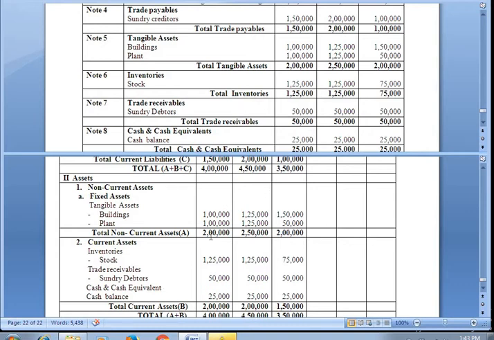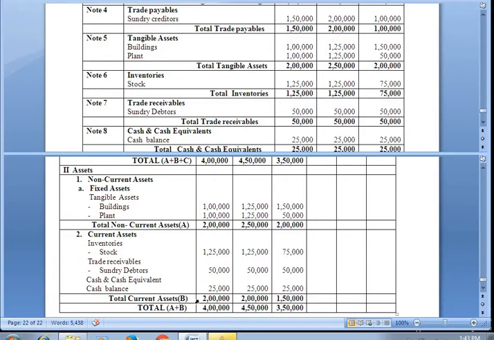The total of current assets is 2 lakh for the year 2017, 2 lakh for the year 2018, and 1,50,000 for the year 2019. And this is the total of the asset side: 4 lakh, 4,50,000 and 3,50,000.